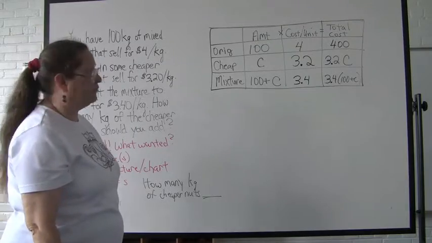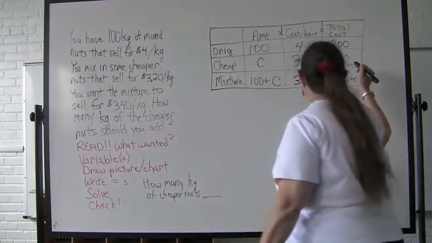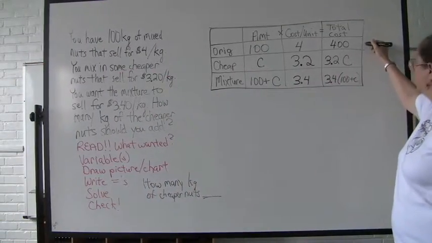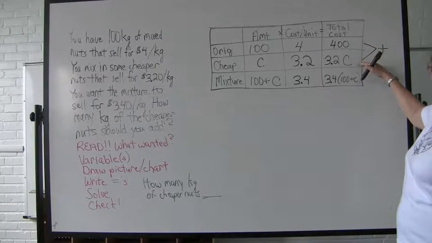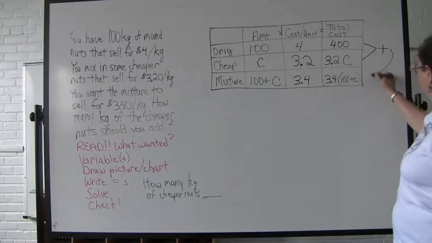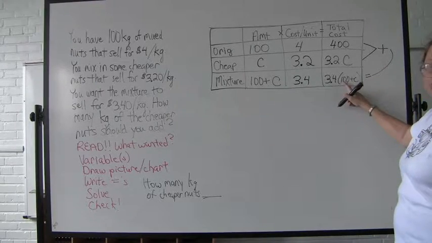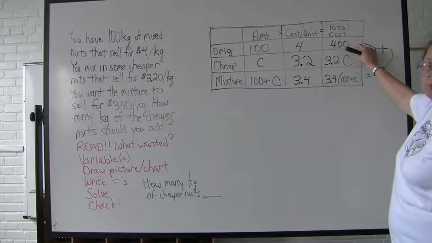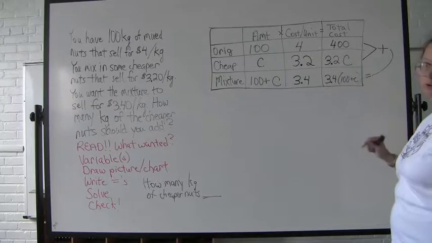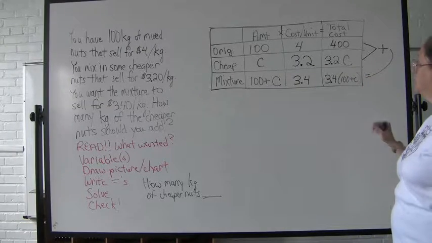And now the cost of our original nuts here plus the cost that we add for our cheap nuts has to equal the cost of the mixture. Okay? So a lot of times you'll see this. You'll add 2 of the rows here to get the 3rd row. Okay? So let's do that.